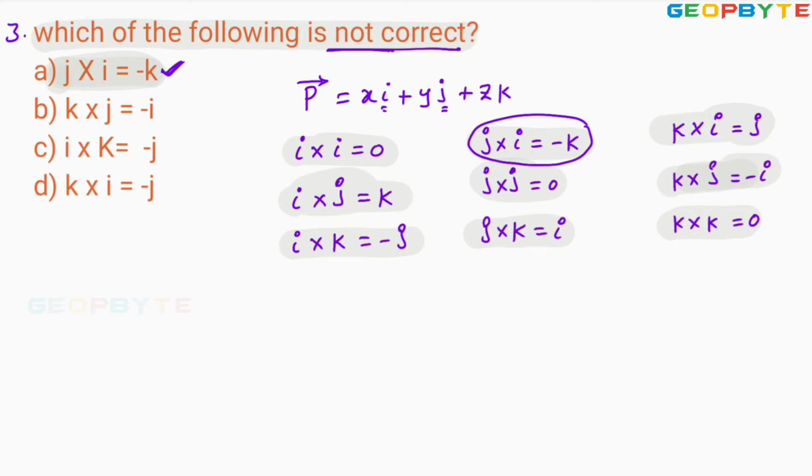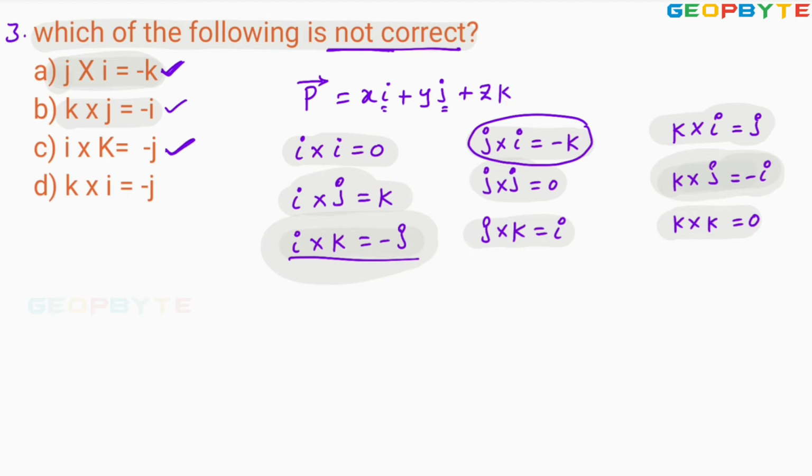Second one, cross product of k and j equal to minus i. Look at the cross product of k and j, minus i, therefore this is also correct. Cross product of i and k equal to minus j, this is also correct, but the incorrect statement is to be decided.